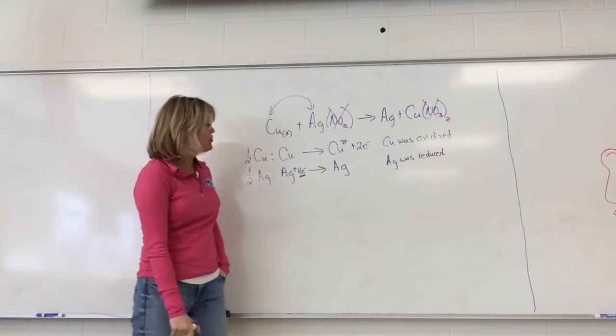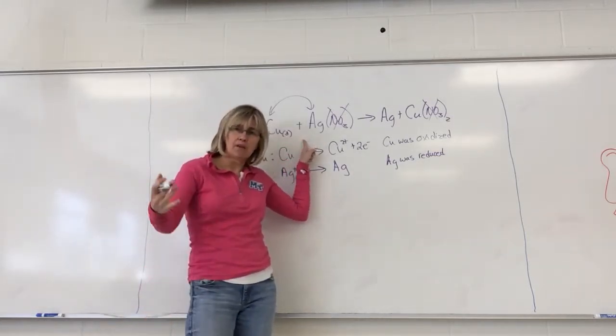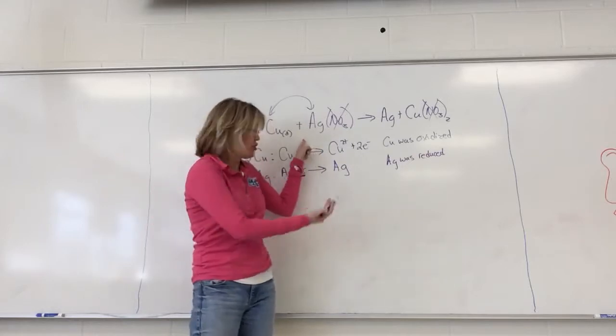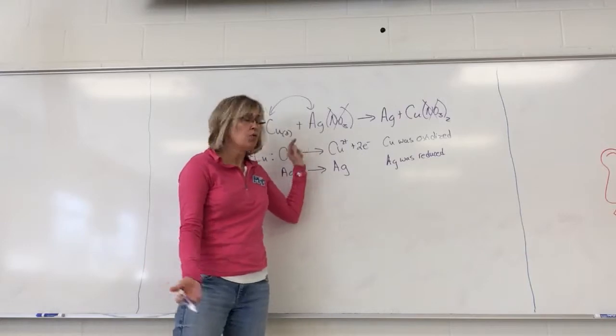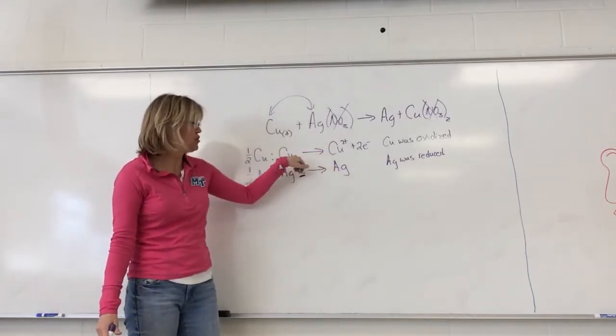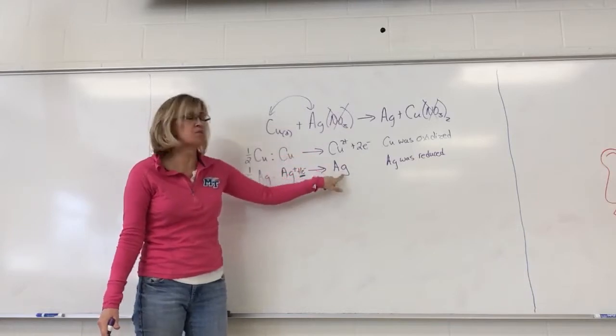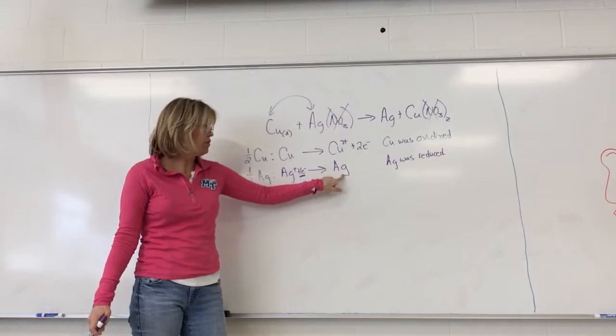Okay, so first of all, we have identified this as a redox reaction, because we can validate that an electron was transferred. We've also, by writing half reactions, shown which species was oxidized and which species was reduced. All right, so those 2 things.